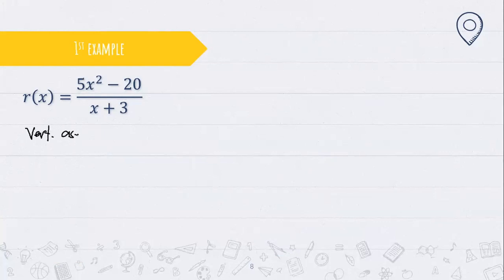Vertical asymptote. Ang pwedeng VA na lang kung maarte kayo. The shortcut. Okay, how to find the vertical asymptote? Equate the denominator to 0. So that would be x plus 3 equals 0.